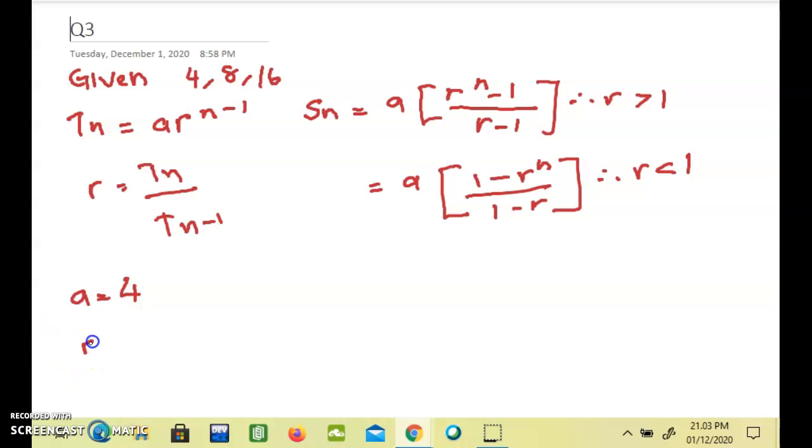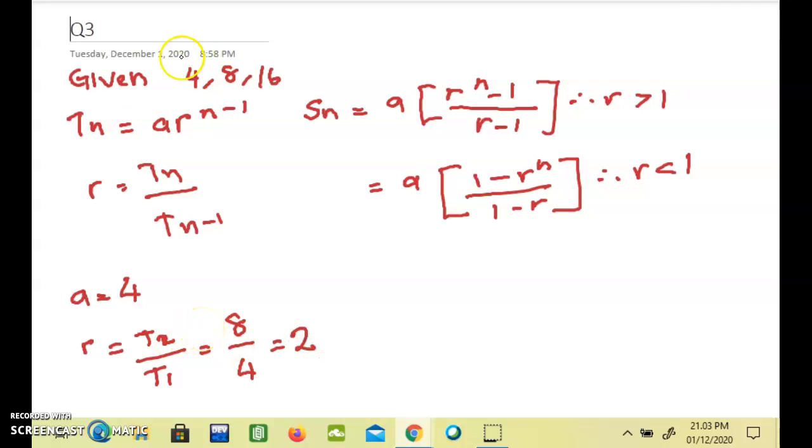What is the r? To find r, we can use r equals to T2 divided by T1. So 8 divided by 4, you will get 2. So your r is 2.